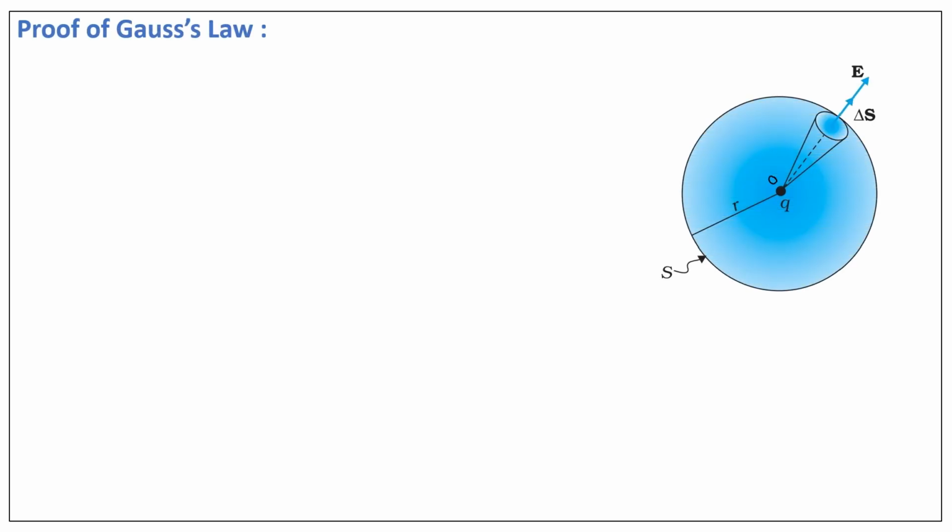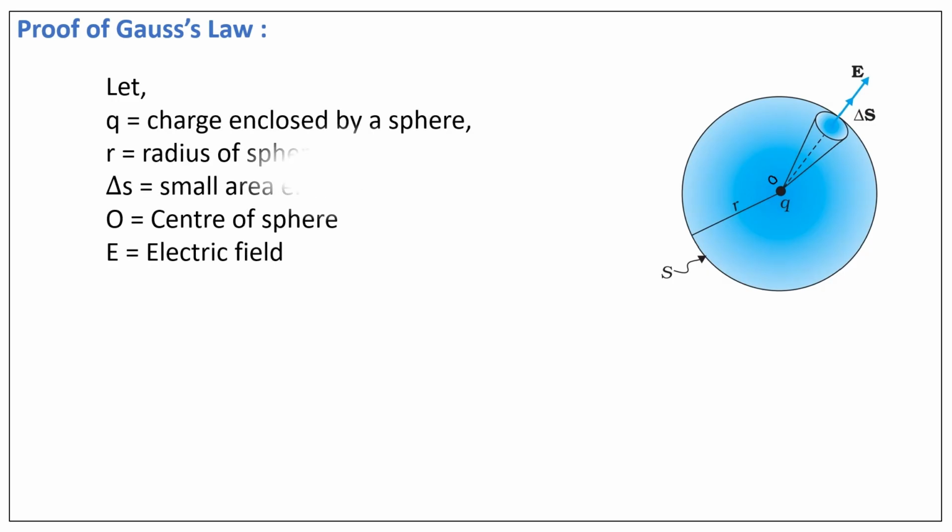Proof of Gauss's law. Consider an isolated positive point charge Q at O. Imagine a sphere of radius r with center O, as shown in the figure. The magnitude of electric field E is same at every point on the surface of the sphere, and it is directed radially outwards.